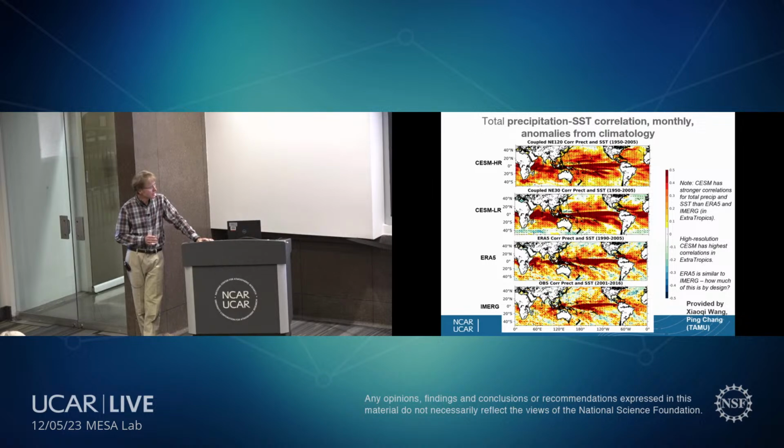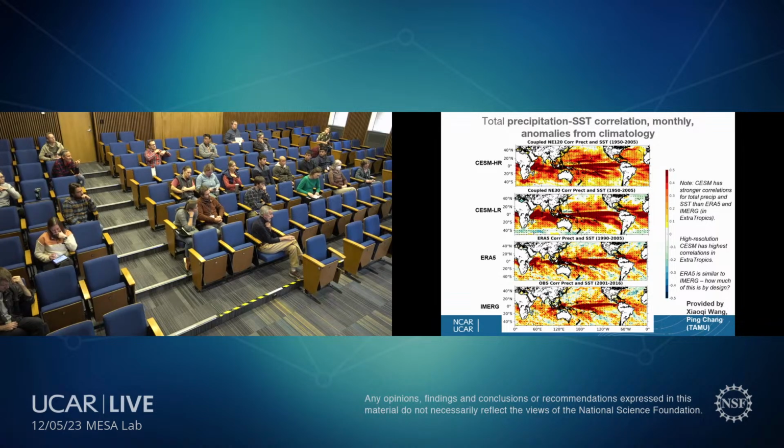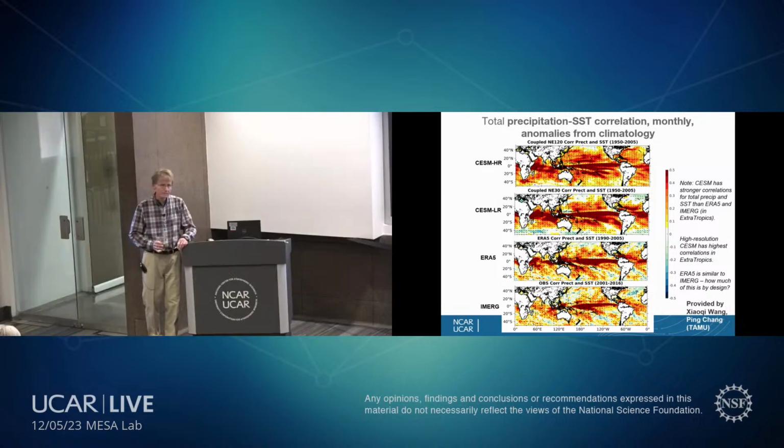But I think it's interesting that by doing this comparison, this is really good, right? Because this highlights issues with observations for different time periods, and there are a number of things going on, but I think it's good to have these two observational estimates to give some context. Yeah, if we didn't have IMERG, I'd be questioning ERA5.